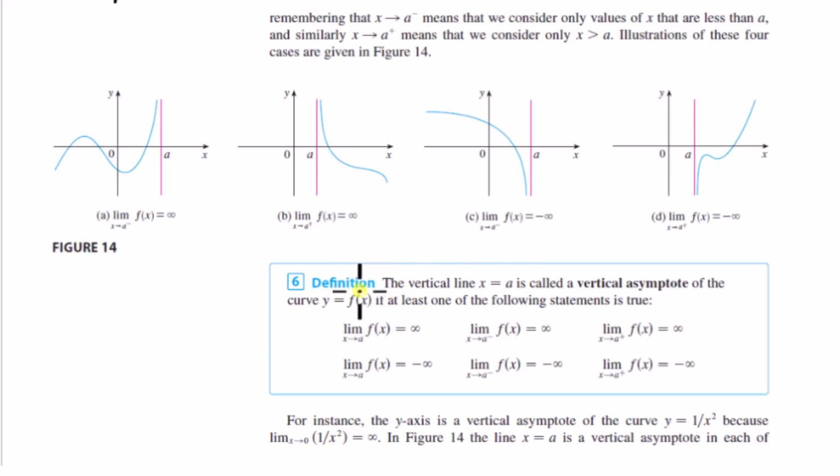Okay, the vertical line x is equal to a is called a vertical asymptote of the curve y is equal to f of x if at least one of the following statements is true.